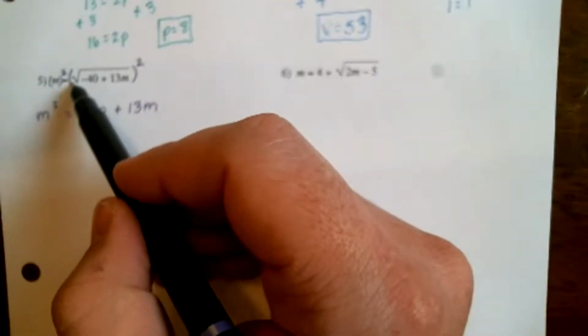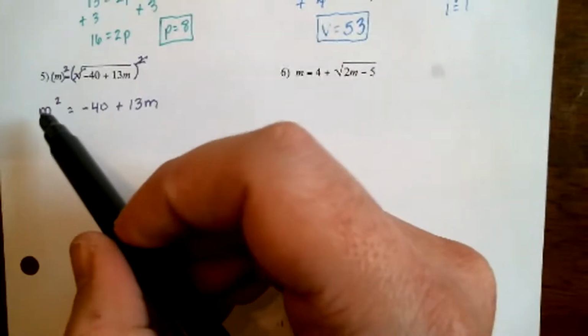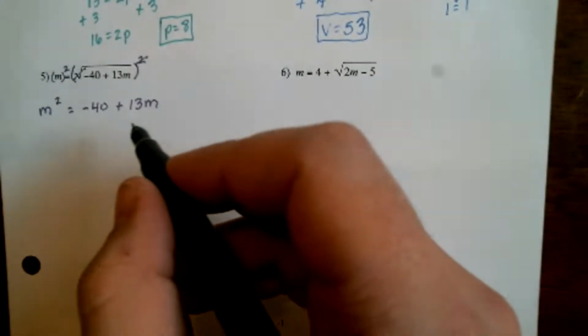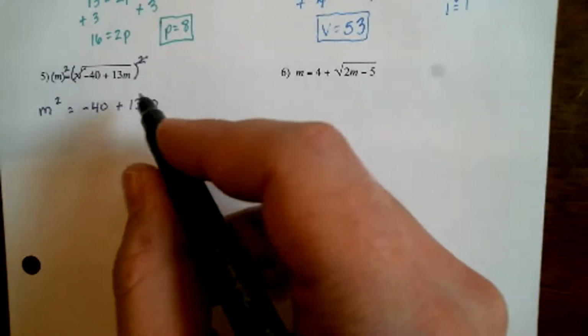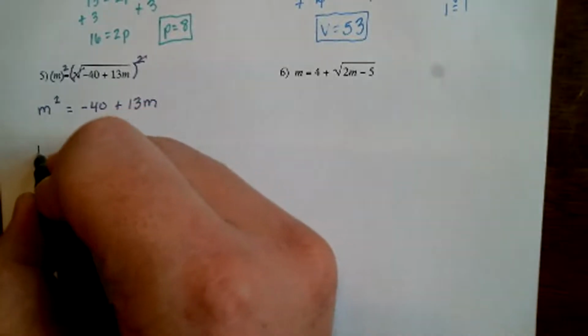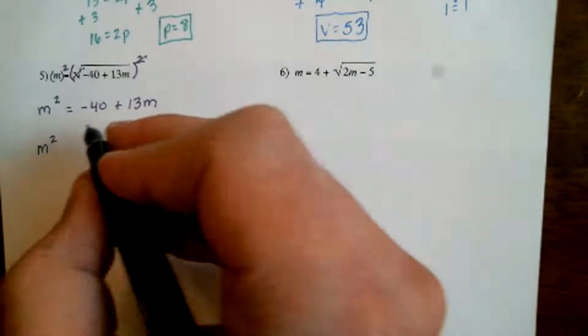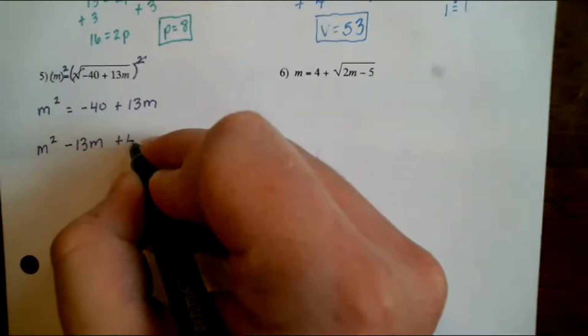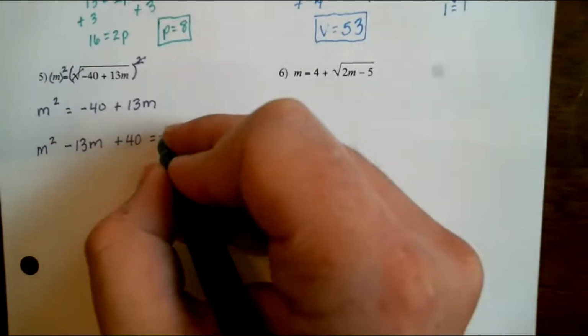Obviously the square root and the square cancel. And then it gives me this. So then I need to set this up in order to solve it. This is a quadratic equation. So I have to solve by saying m squared minus 13m plus 40 is equal to 0.